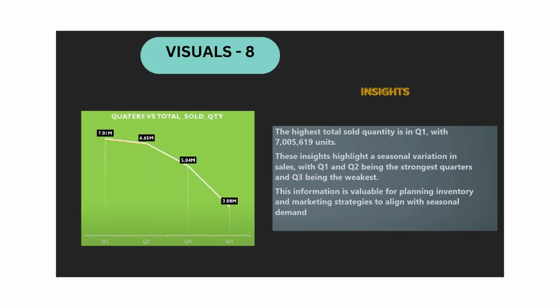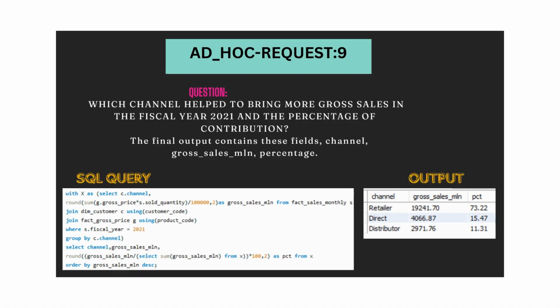The highest total sold quantity, in quarter 1, is 7 million, then we have 6 million, then 5 million, then in our third quarter we have 2 million. So it shows seasonal variation in sales, with quarter 1 and quarter 2 being the strongest quarters and quarter 3 being the weakest one. Let's move to another question.